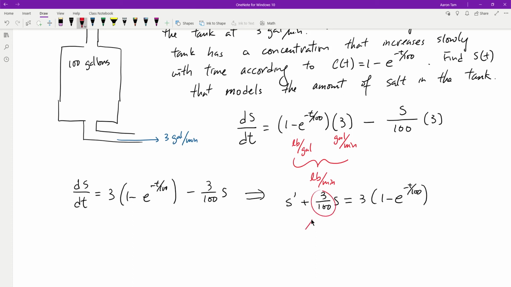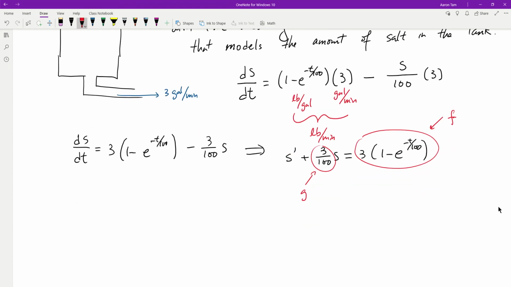This is my g. This is my f. Once again, the f really doesn't matter. Now I'm going to go ahead and try to solve this differential equation. Let's see how that works.